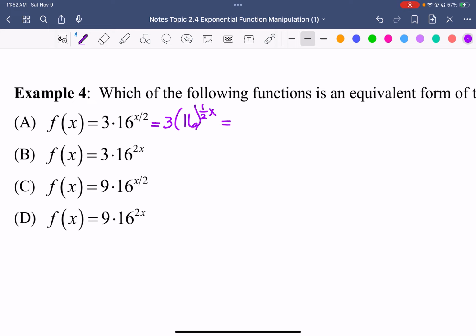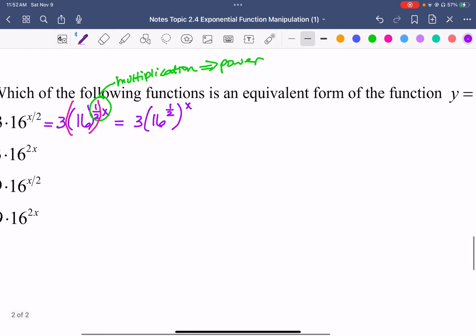Now I can use the power property because I have multiplication in the exponents. So if I have multiplication, I use the power property. And the power property, remember I said just cut through the multiplication with your own set of parentheses like this. So this will be 3 times 16 to the power of 1/2, and on the outside you're going to have x.